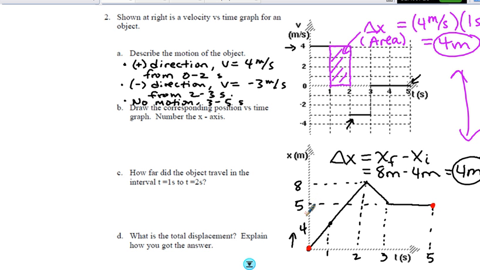So it went further, but then it backtracked. So we only care about those 2 points here, the difference between where your object started to where your object ended up. So here delta x is 5 meters.